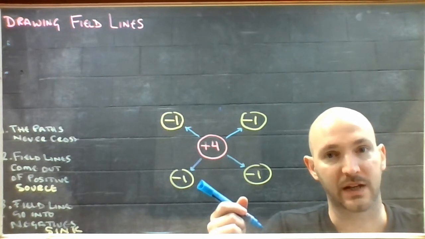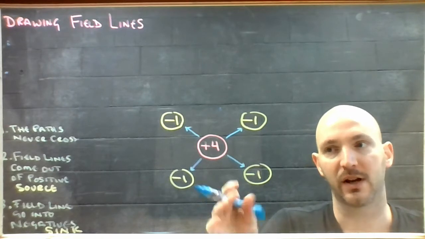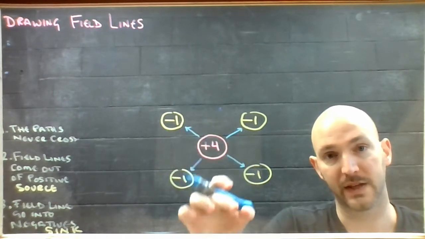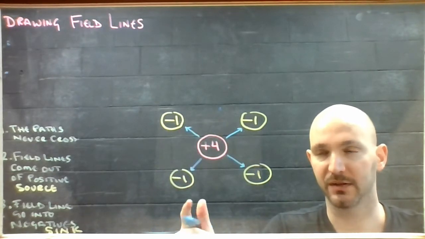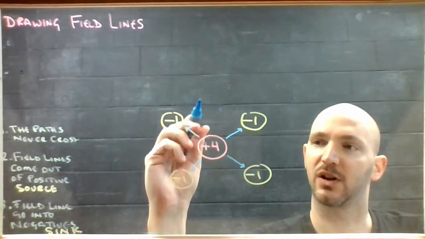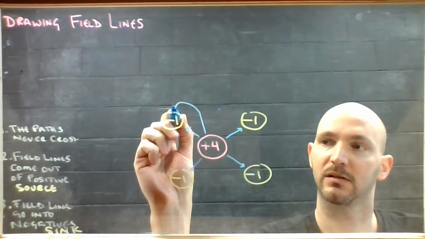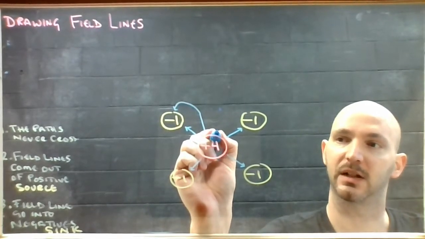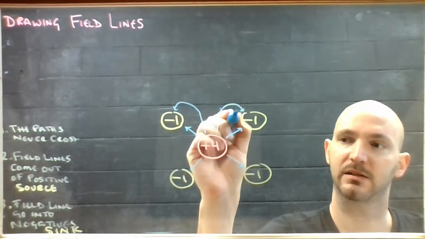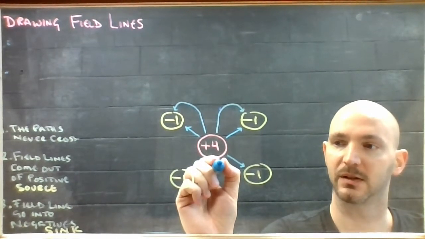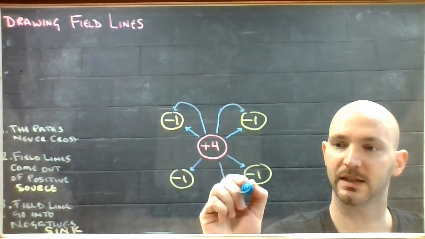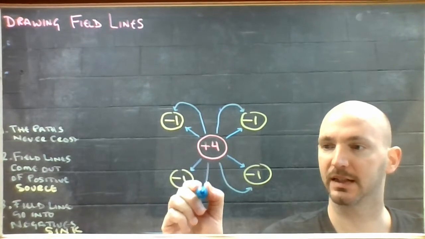Another sort of trick when you're drawing field lines is you try and draw them all the way around the thing in a semi-symmetrical fashion. So there might be a charge that comes out like this, and then there'll be another field line that comes down like this, and then one that comes out like this, and one that comes out like this.